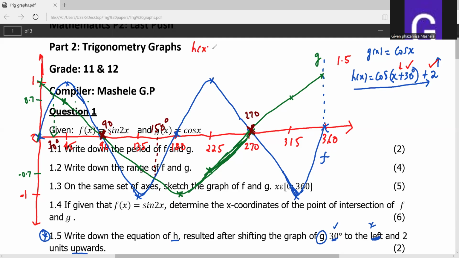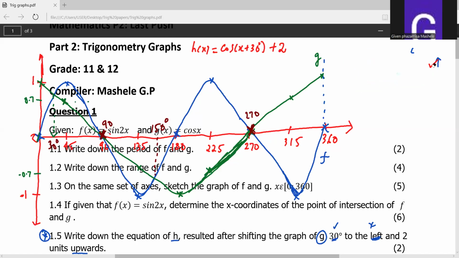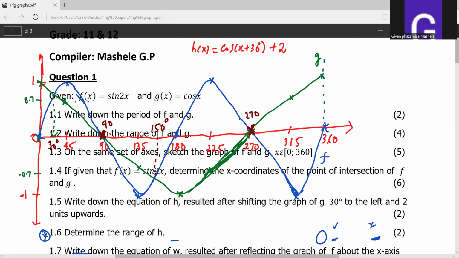The equation of h is cos of x plus 30 degrees, plus 2. Now we have the equation of h. Let's move on. I'm not going to erase anything, guys. Let me just reduce some of the things here.